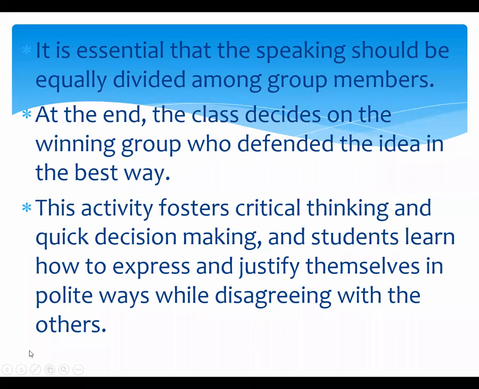So they will learn how to express their ideas and how to justify their ideas, how to accept the ideas of others, how to be more polite in having a discussion or talking with each other. So they can easily learn many of the ethical points as well, not only the language.